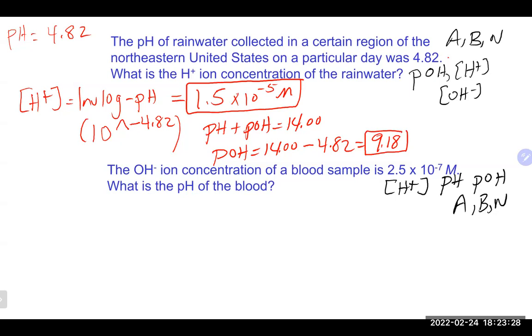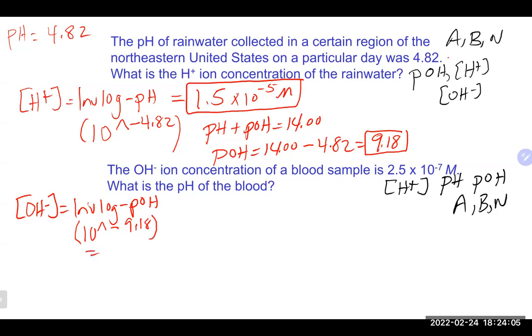Now I gave myself 2 more options. I can do the inverse log of the negative pOH, right, to get to the OH minus concentration. Or if you're more comfortable, you can still use KW to get the OH minus concentration. Since it's a newer calculation, we will do the same thing that we did for the H plus here. My OH minus will be the inverse log of the minus pOH, which would again be 10 to the minus 9.18.